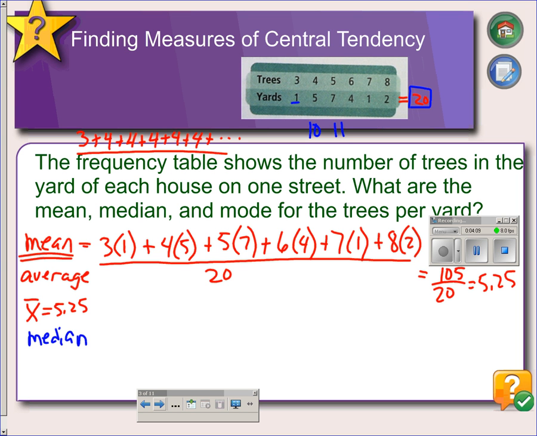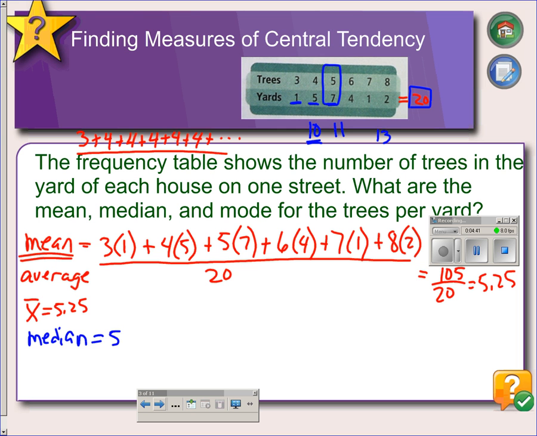So if we have 1 yard with only 3 trees, and then 5 yards with 4 trees, we're up to 6 yards so far. So we haven't made it to 10 yet. If we add 7 to that, then we would be up to 13. So in this region is where the middle is. Since all those values are 5s, then we know the median is going to be 5.